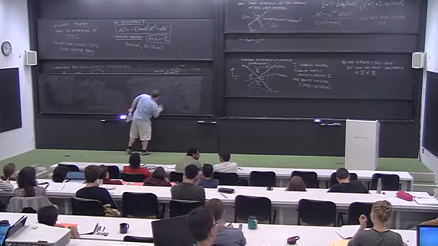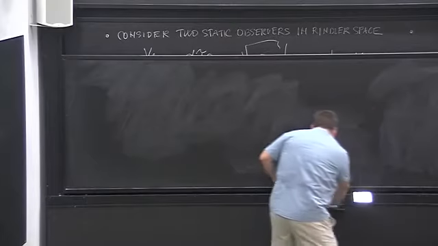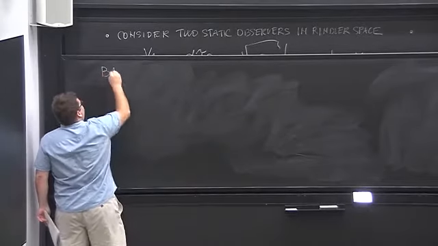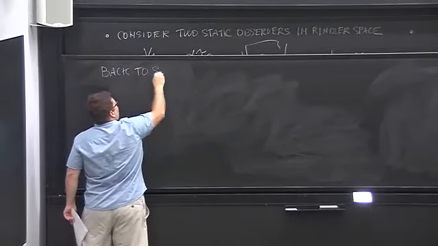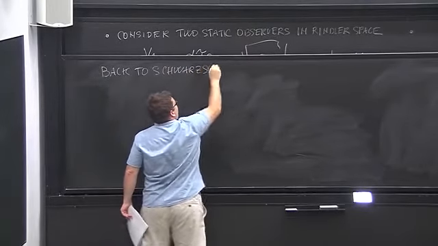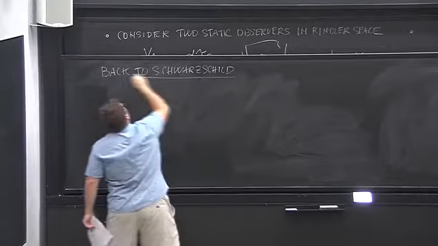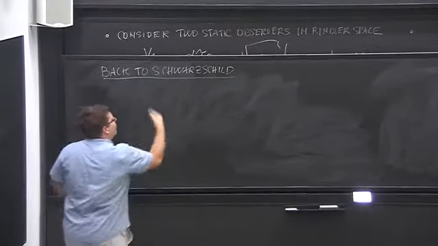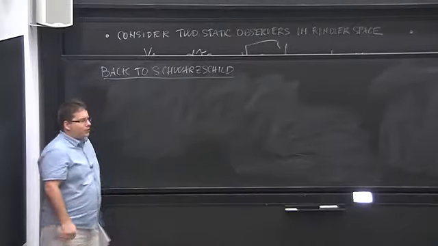All right, so now we understand the Rindler space. So let's look at the real black hole. So back to Schwarzschild. Is there a question? No? Okay, so we are back to our space-time described by the Schwarzschild metric.